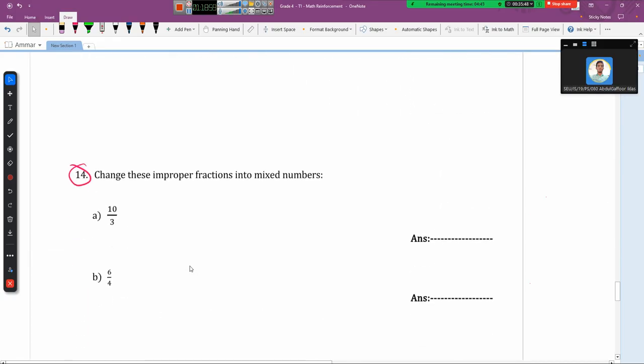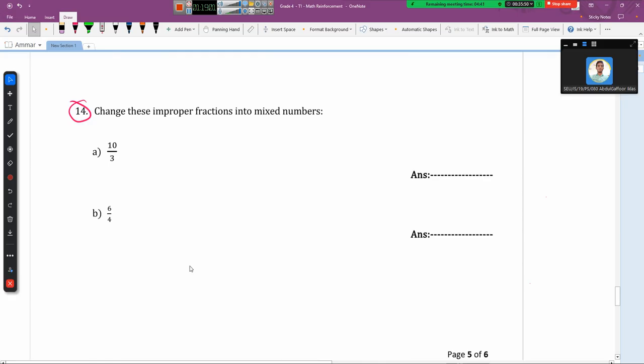Okay. Now we will come to this question, 14th one, right? Change these improper fractions into mixed numbers. So improper fractions, I already told you, in improper fractions the top number will be bigger than the bottom number.